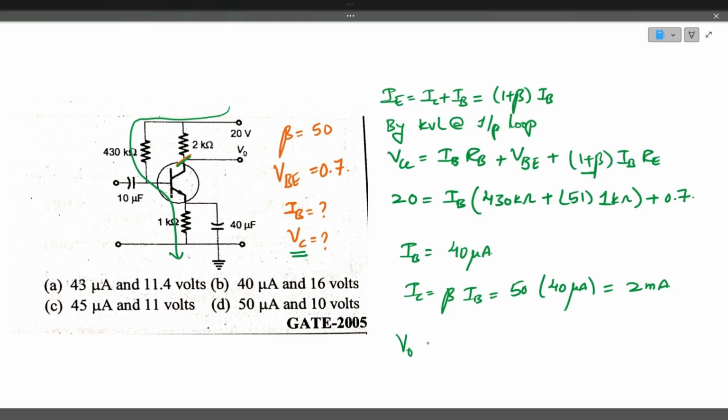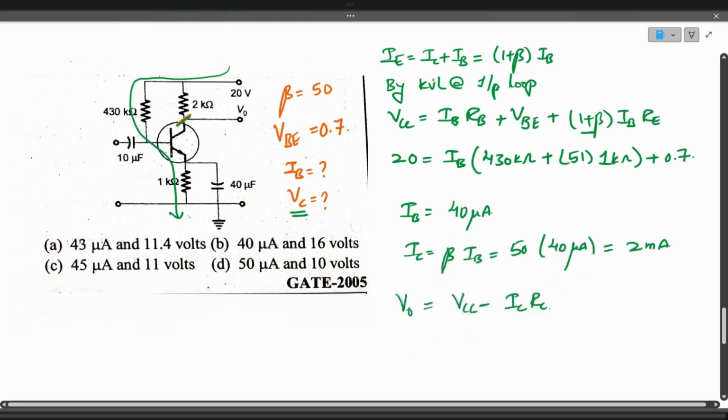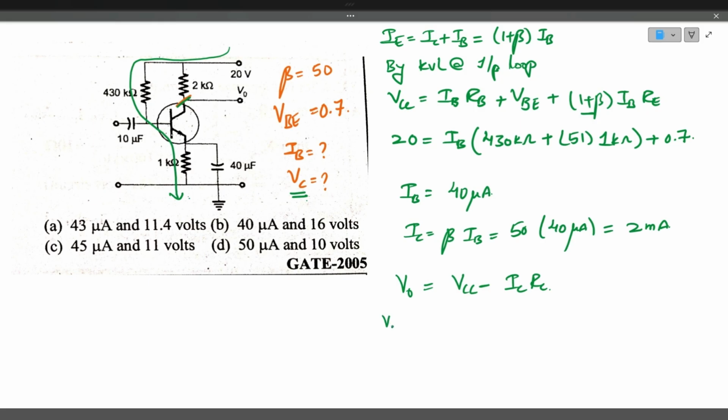So the output voltage is nothing but VCC minus IC into RC, right? Output voltage is equal to VCC, 20 volts, minus the collector current 2 milliamps times the collector resistance 2 kilo ohms. So the output voltage is nothing but 16 volts. So the base current is 40 microamps. The output voltage is 16 volts. Answer is option B.